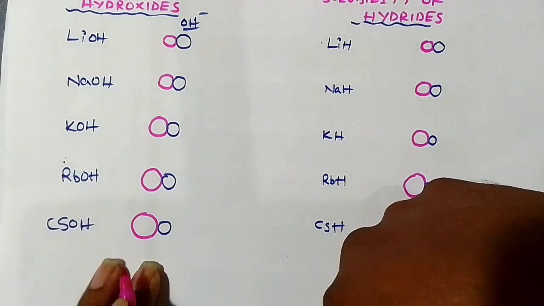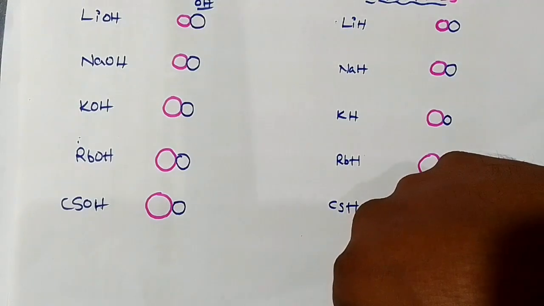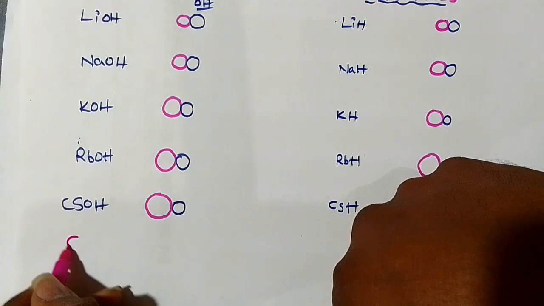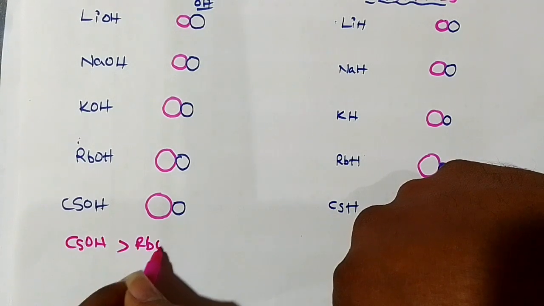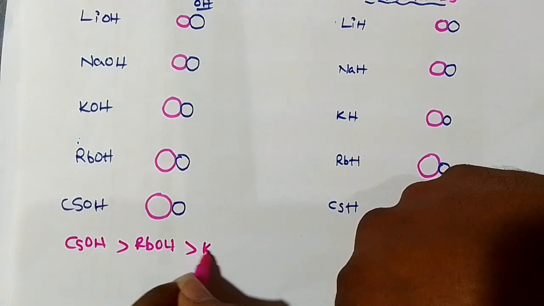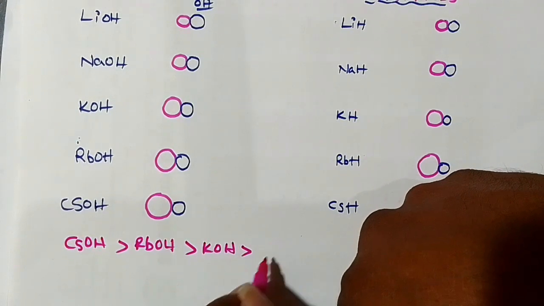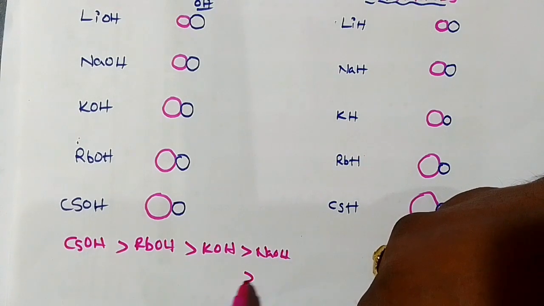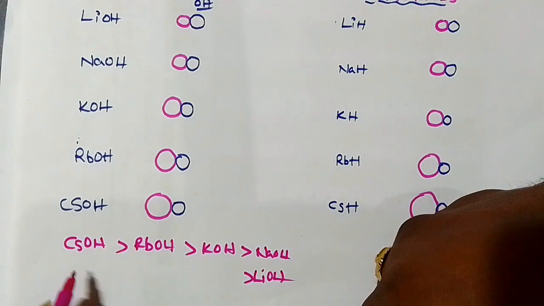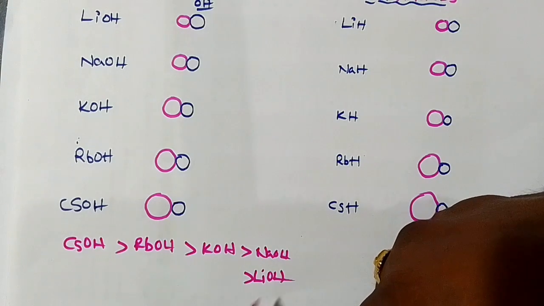That's why solubility increases. The solubility order is cesium hydroxide, rubidium hydroxide, potassium hydroxide, sodium hydroxide, and lithium hydroxide. The most soluble is cesium hydroxide and the least soluble is lithium hydroxide.